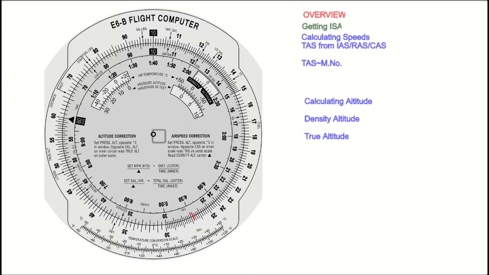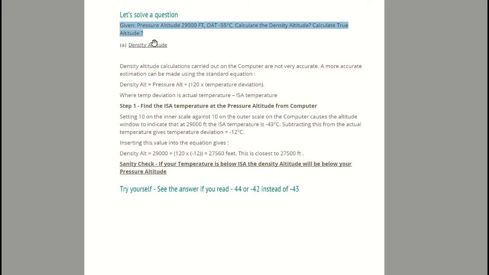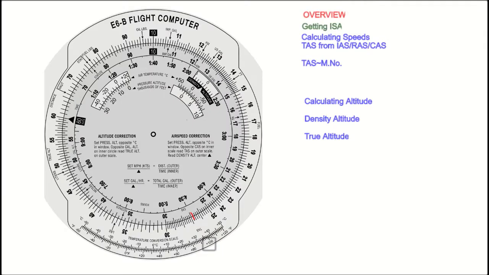Okay, so let's try to solve a problem. Let's say the problem is given pressure altitude of 29,000 feet, OAT minus 55. Okay, 290, minus 55. Let's try and do this with the help of the calculator. So we get flight level 290 or pressure altitude is equal to 29,000 feet.